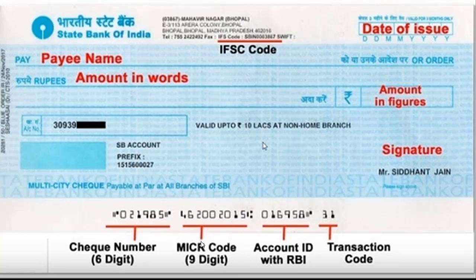Then next 9-digit code, it is a microcode. Then next 6 digits, it is an account identification number of that particular bank with the Reserve Bank of India. And last 2 digits, it is a transaction code. Now we will see in detail what these numbers and these terminologies represent.